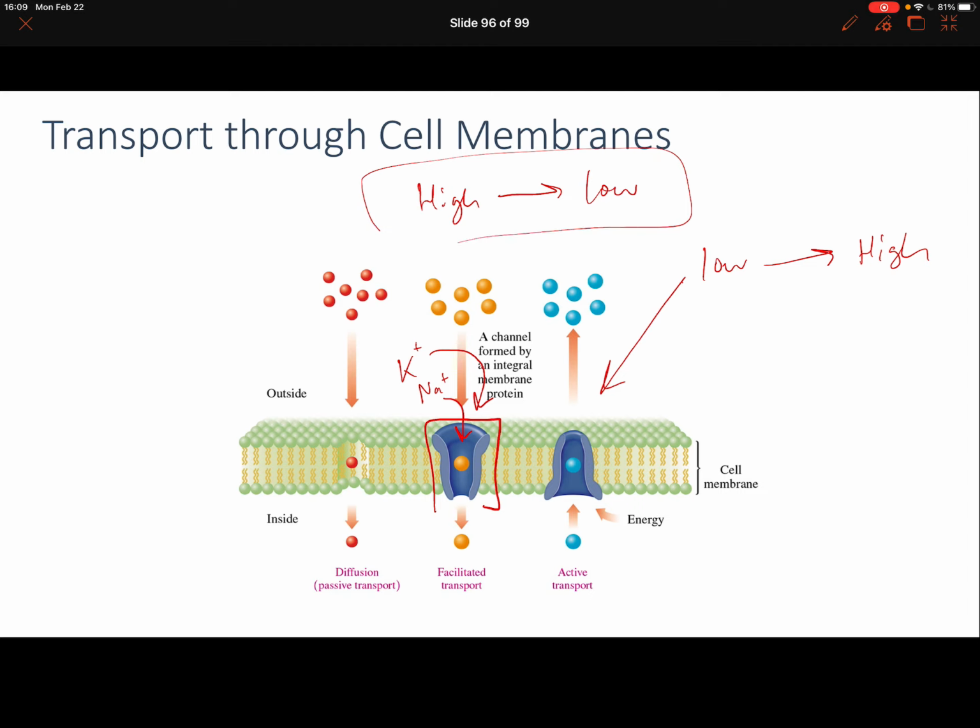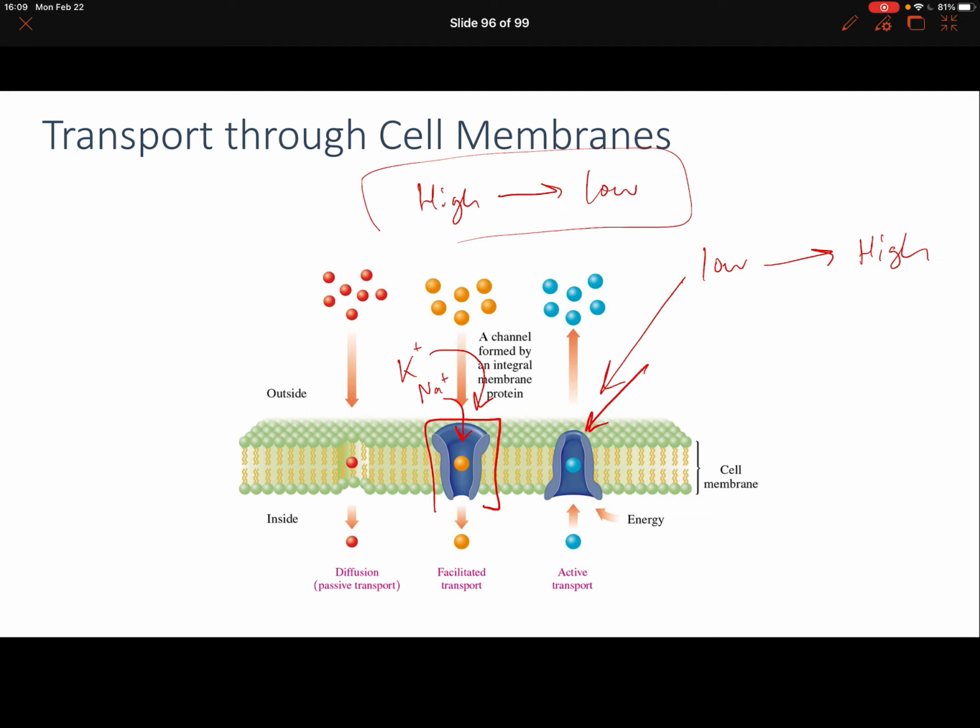But it makes sense that we don't always want to go with whatever nature's wanting us to do, right? If that was the case, we'd always walk downhill because it's hard to walk uphill. So to reverse this and to get something to go from low concentration to a high concentration, to fight against that concentration gradient, you do have to put in energy.